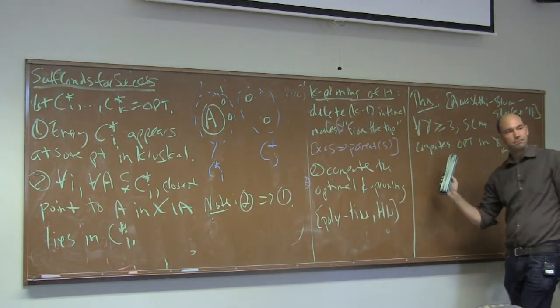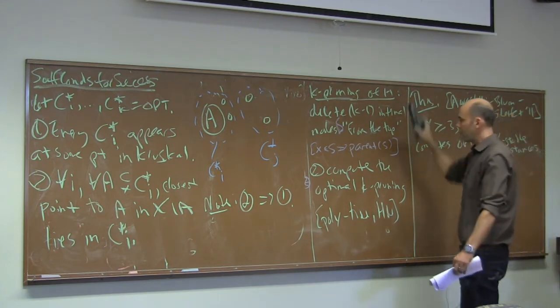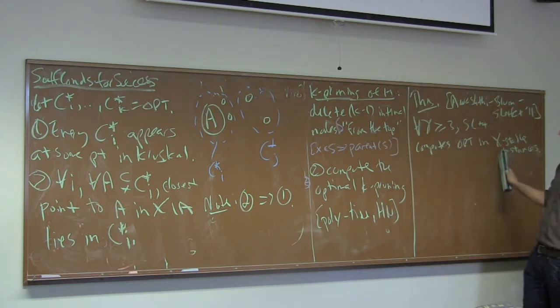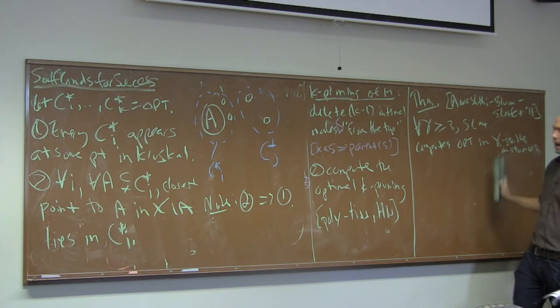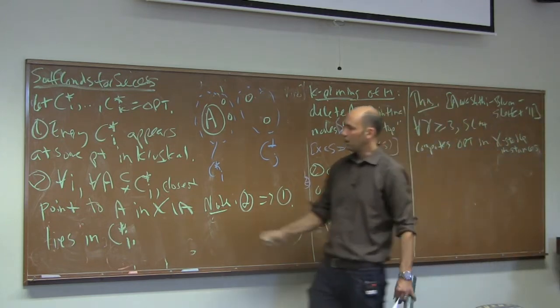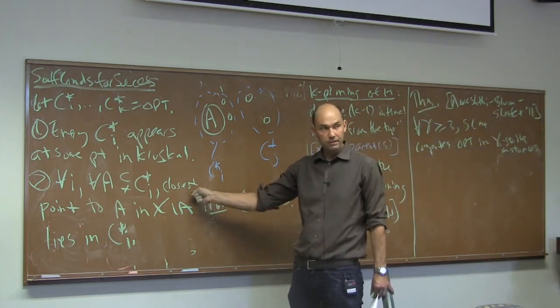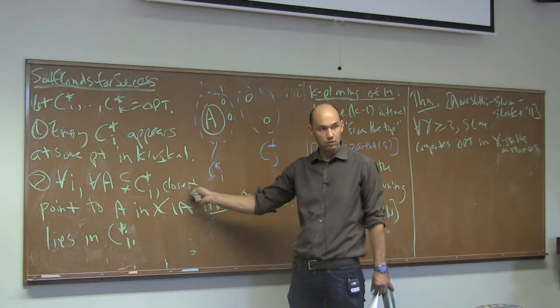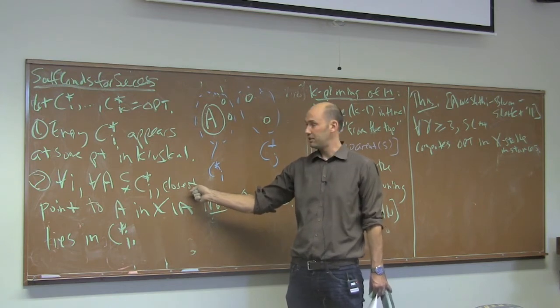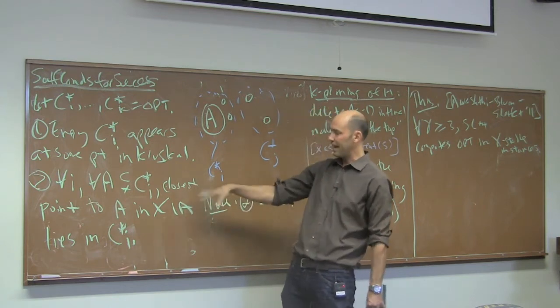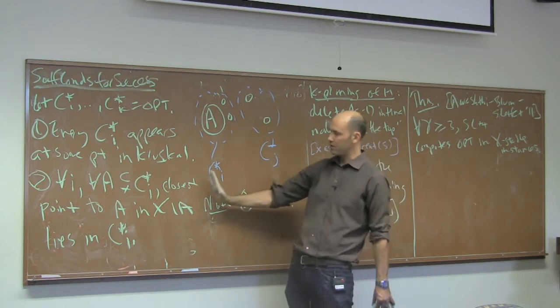So any questions about that? All right. So just where we are, here's what we want to prove. We want to prove single link computes opt. What we've shown is that if the input satisfies property 2, then single link plus plus computes opt. So stable or not, whatever the instance is, if this is true, and notice this is not about the algorithm, this is a statement just about a metric space.